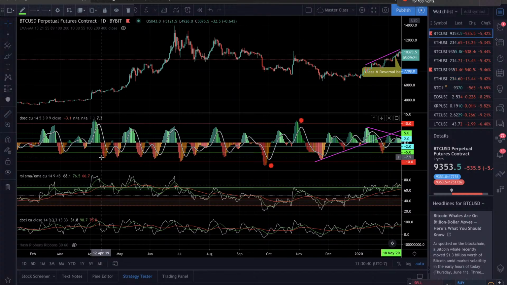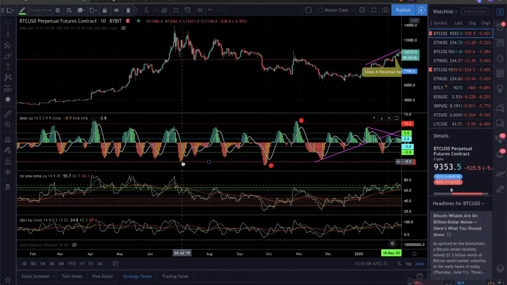So hit the 8, bounced off support right here, hit the 8, bounced off a support right here, hit the 8, bounced off a support. This one went a little bit past, not by a ton, 8.5, found some support. And then right here on this guy, we went down to the 10. So that is a good indicator that you're going to have some type of reversal play out.